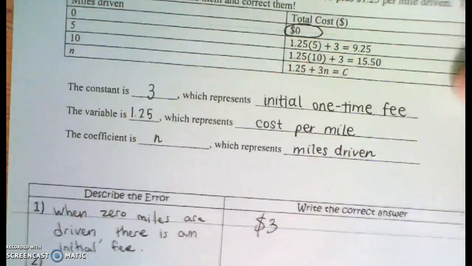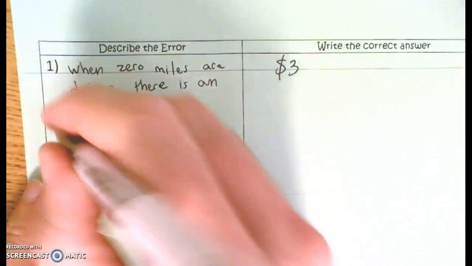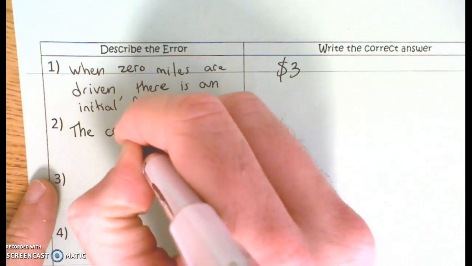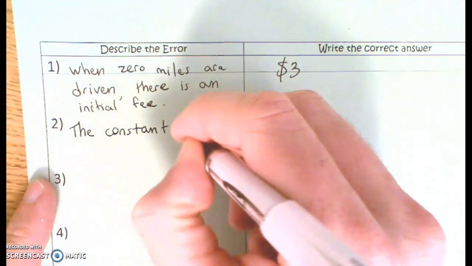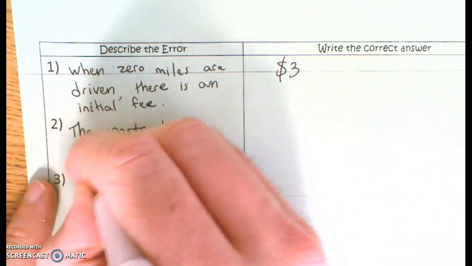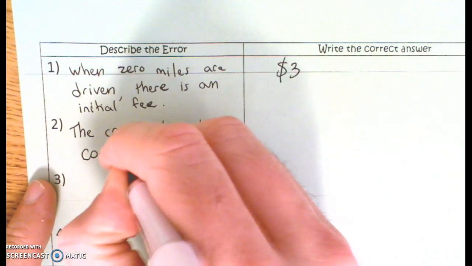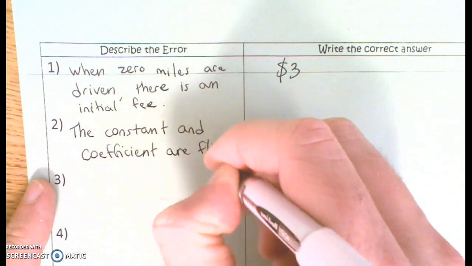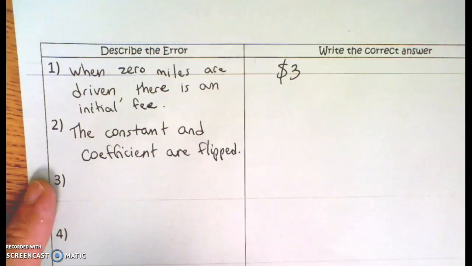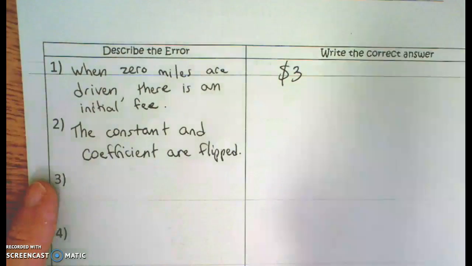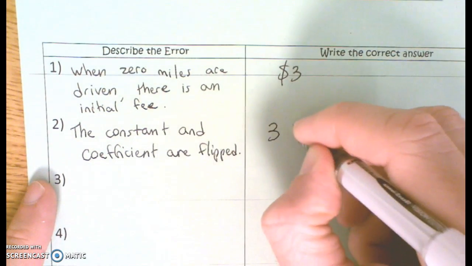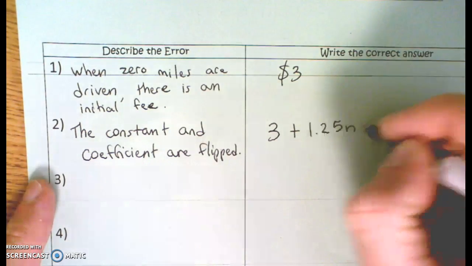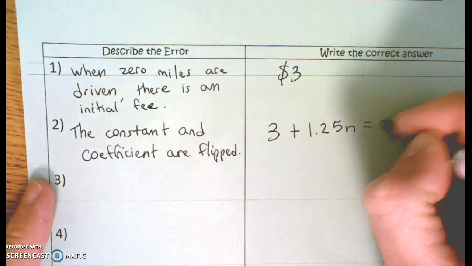So the error is that the constant and the coefficient value are flipped. So really the equation should read 3 for your constant plus $1.25 for the coefficient times N equals C.